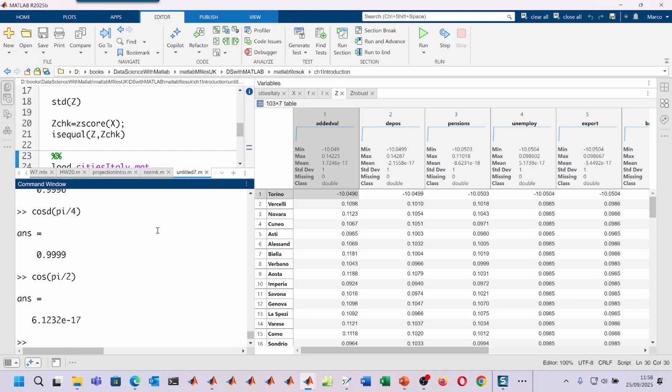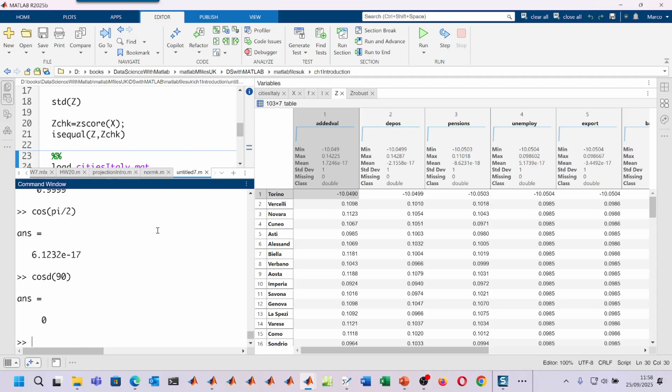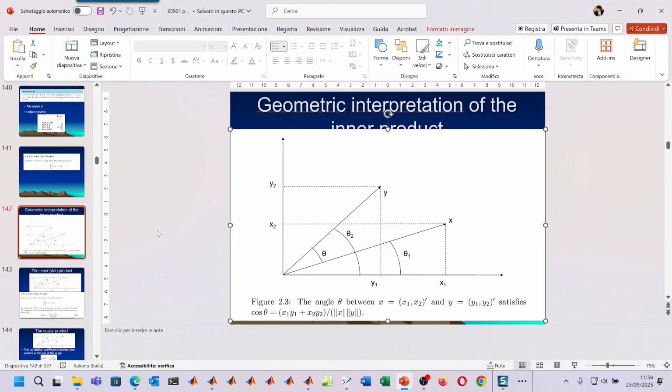This is the cosine in radians, right? So the cosine of pi divided by 2 is 0, or the cosine of 90 degrees in degrees is 0. Therefore, it is important to understand this geometrical interpretation.